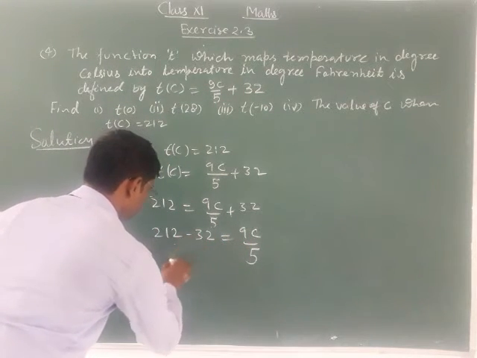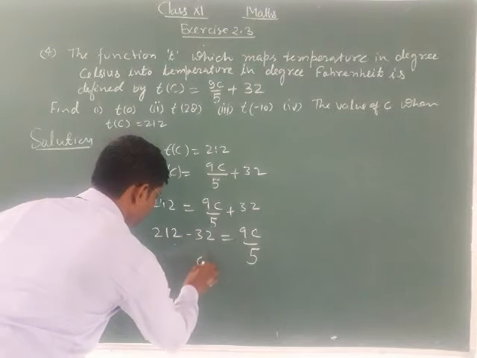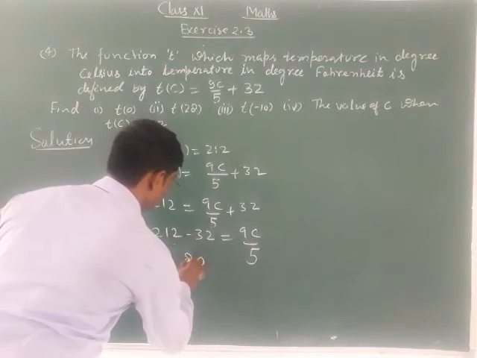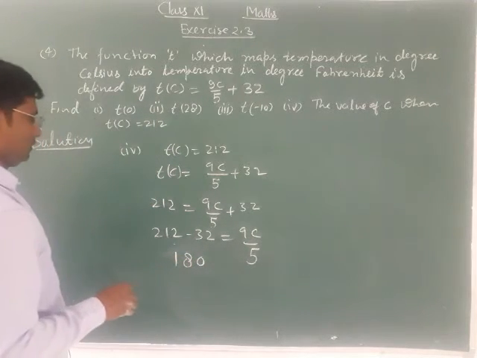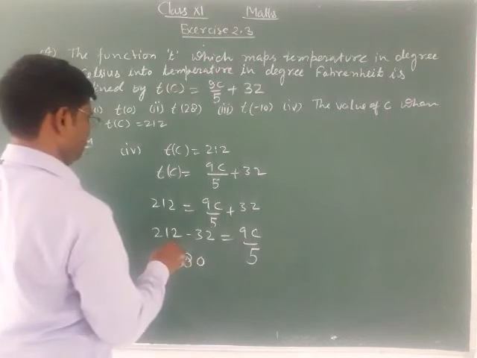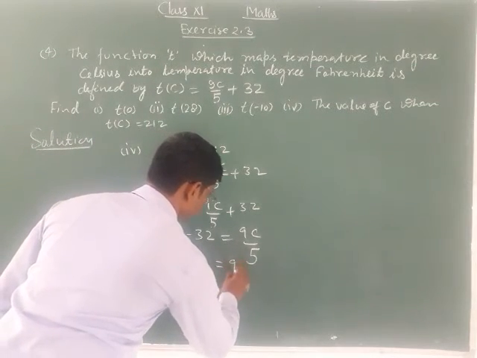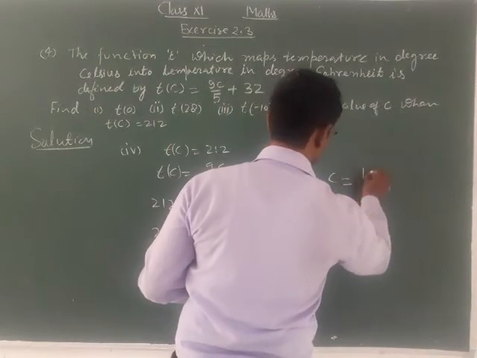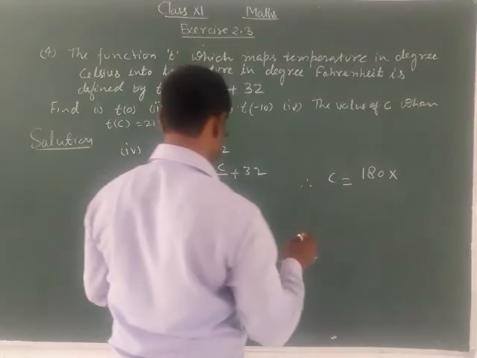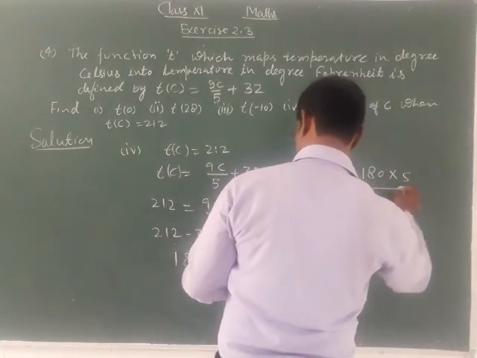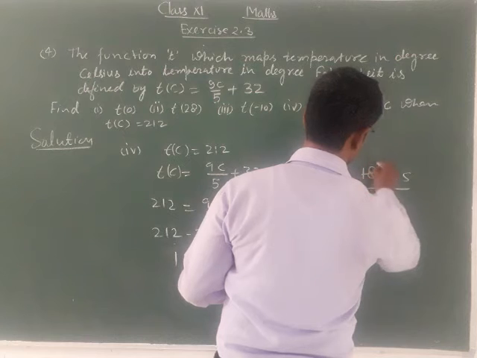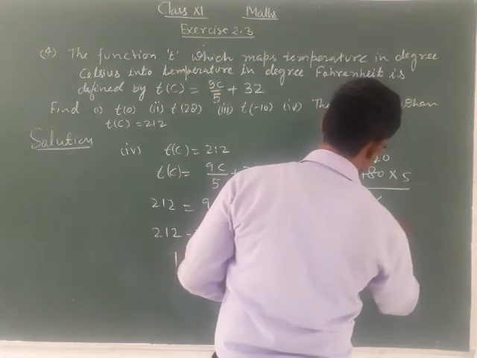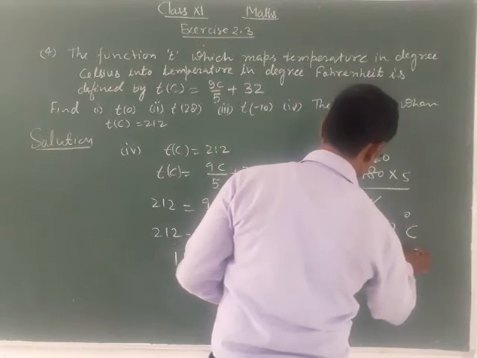Now subtract: 180 is equal to 9C/5. Therefore C is equal to 180 multiplied by 5 upon 9. 9 twos are 18, so 5 twos are 10, so C is 100 degrees centigrade.